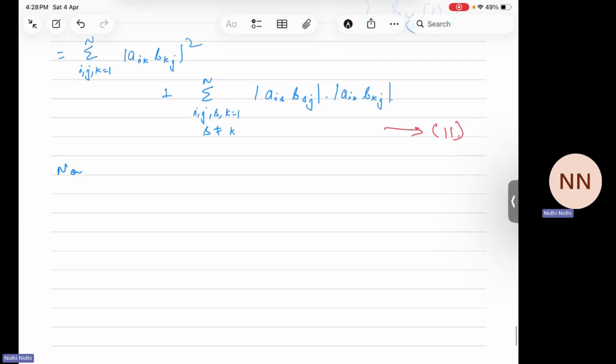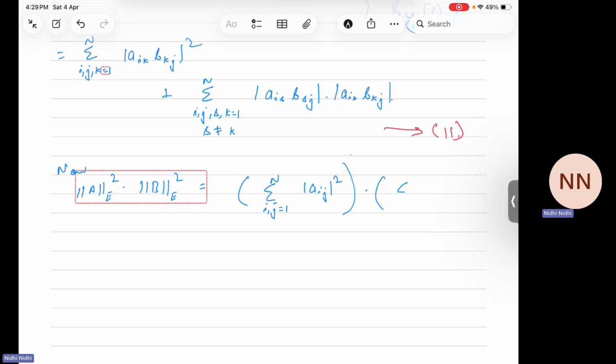The norm of A squared times the norm of B squared is equal to the summation ij from 1 to n of a_ij squared, times the summation st from 1 to n of b_st squared. It is not to the power 1 by 2 because we're taking the square.